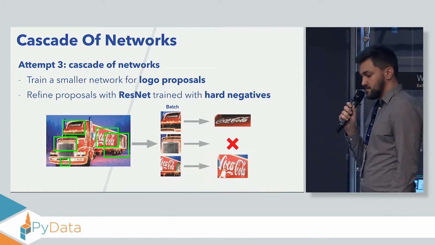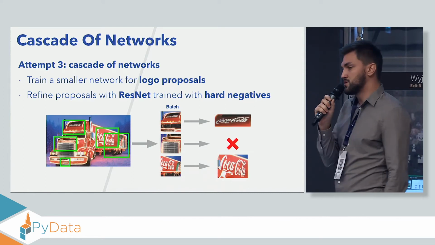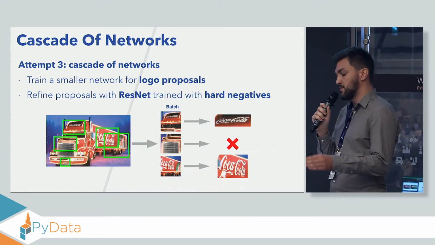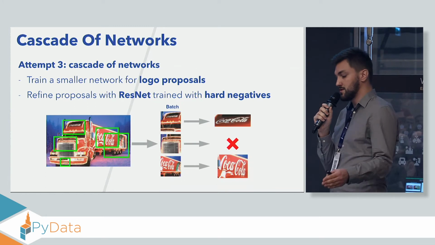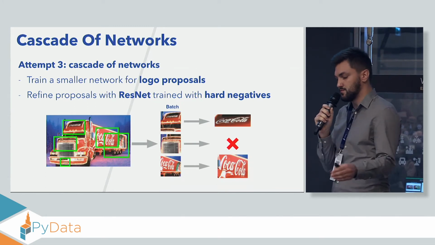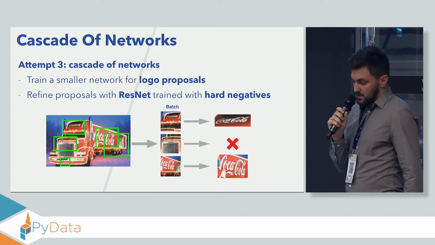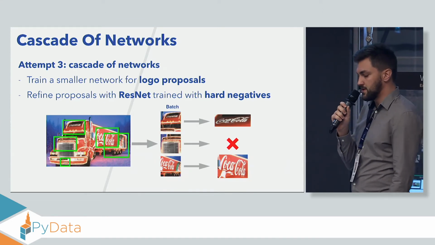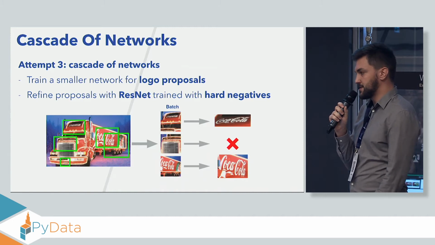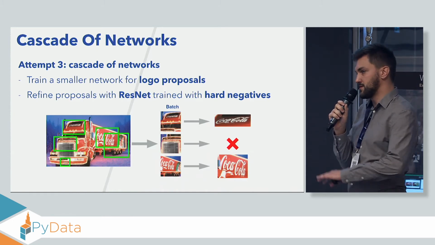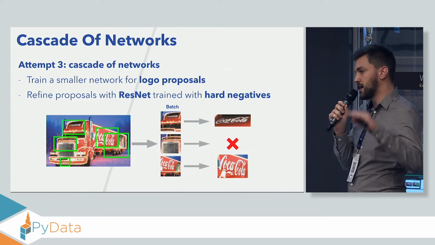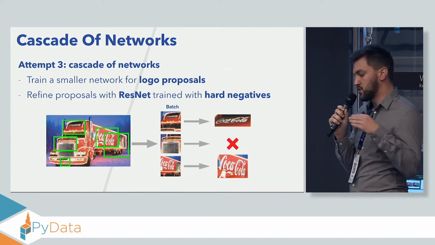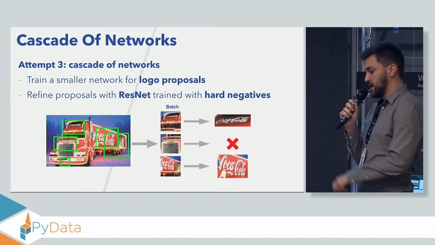This ResNet is able to discriminate the proposals from the background and proper logotypes. Also this ResNet, in this case, is trained with hard negatives, that is negative proposals that had a high confidence score. So it even more improves the discriminability of this network.